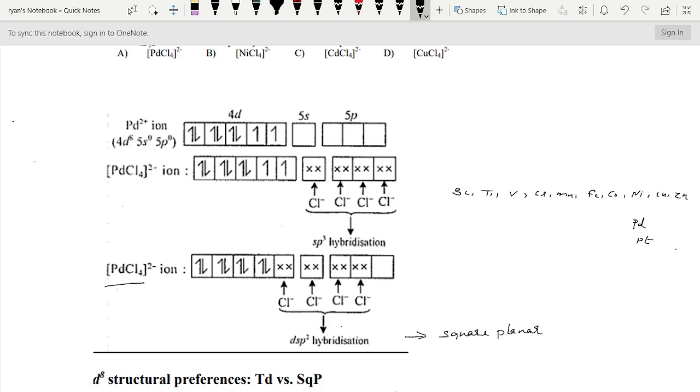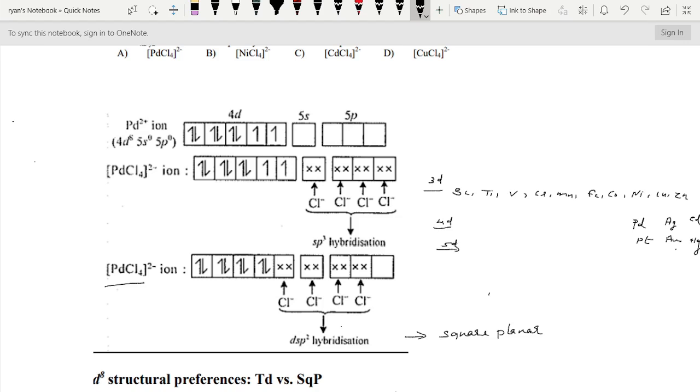Below copper, Ag and Au, gold. Below zinc, cadmium and mercury. This first row is known as the 3d series, the second row is the 4d series, and the third row is the 5d series.